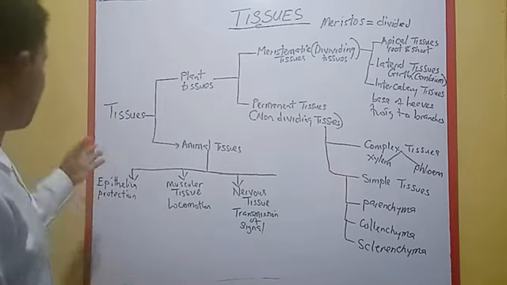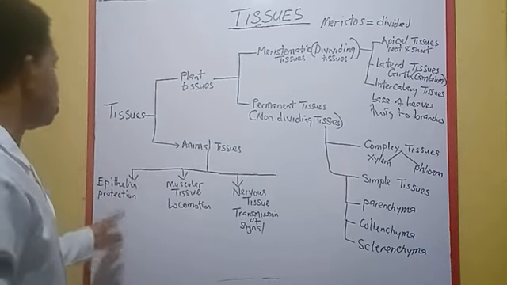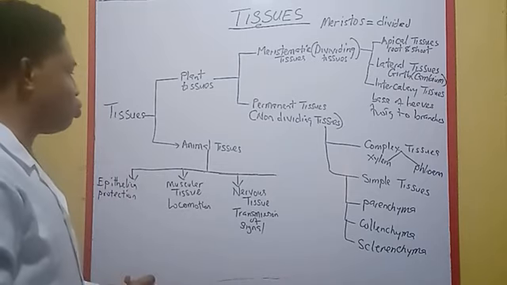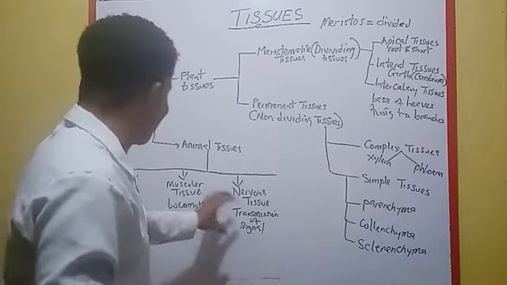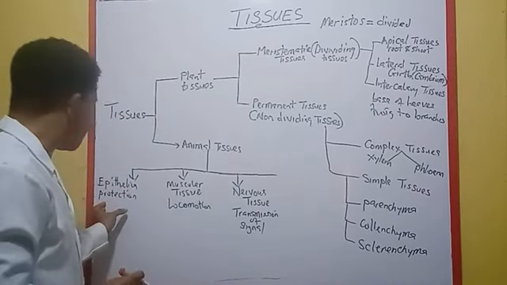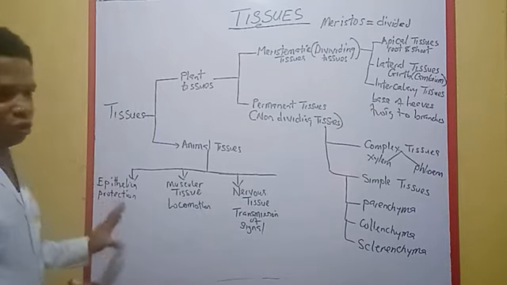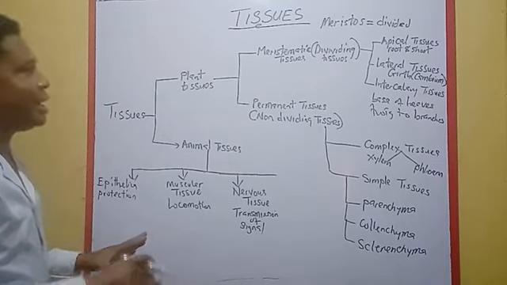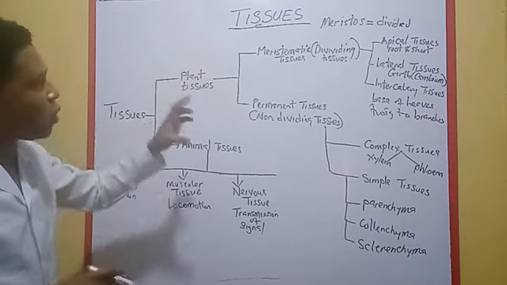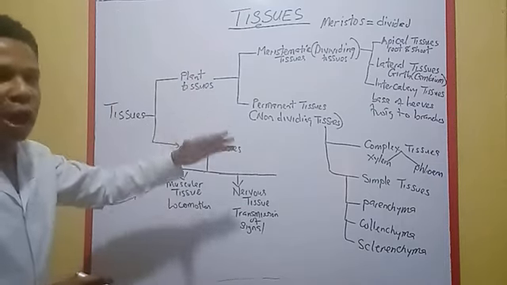The first one, we have the epithelial tissue. The second one, the muscular tissue. The third one, the nervous tissue. Like I said, the epithelial tissue performs the work of protection. This is just a general introduction. In my next video, I'm going to discuss each of these tissues, what they do and where they are found.